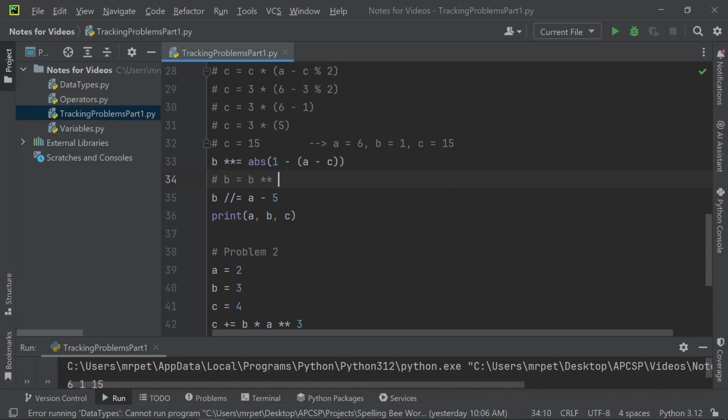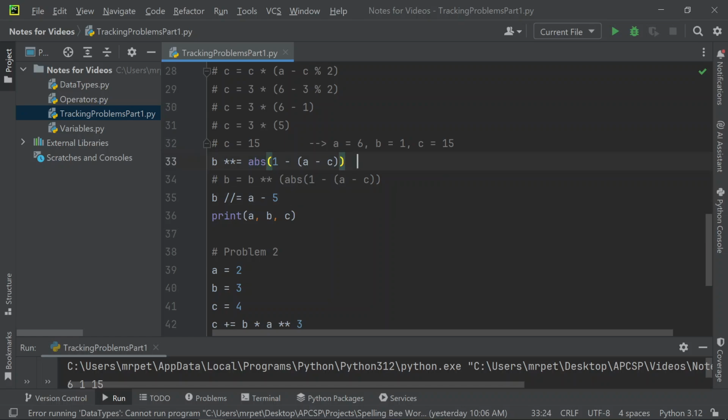This is now the same as B times exponent, or yes, raised to the power of this. What is this? Well, this is new. First, we're not substituting anything yet, so I'll just write it out. Then we'll talk about what abs is. You can see it's highlighted blue.